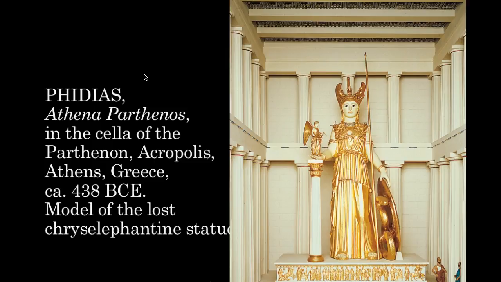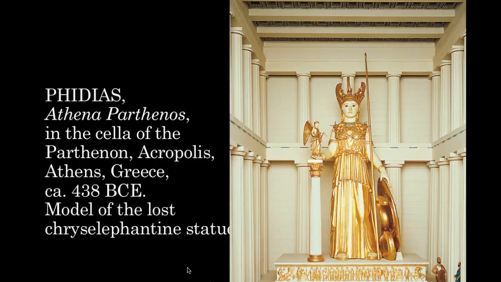The Parthenon naos contained the great statue of Athena herself. In this reconstruction model, she is armed and represented in her aspects as the goddess of war. She stands and confronts her viewers directly, wearing Medusa's head on her breastplate and holding a Nike. And a Nike, this is over here, is a winged figure, very similar to an angel, in her right hand and a shield in her left.